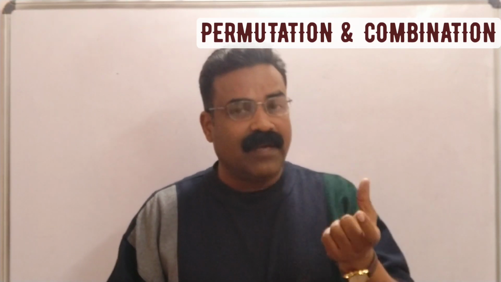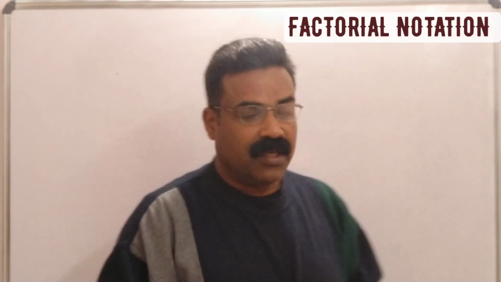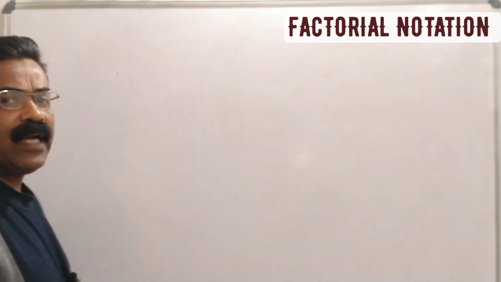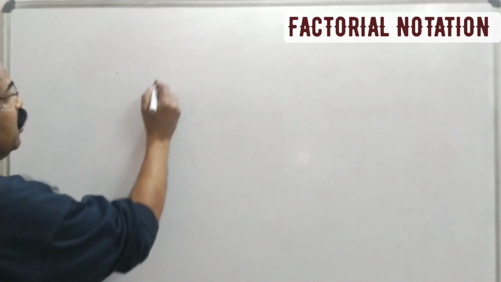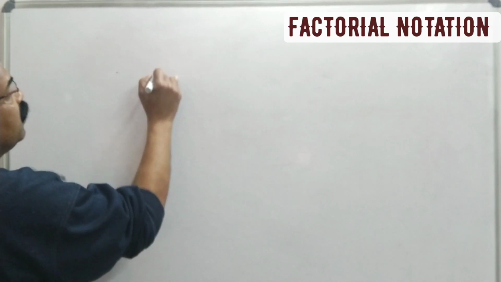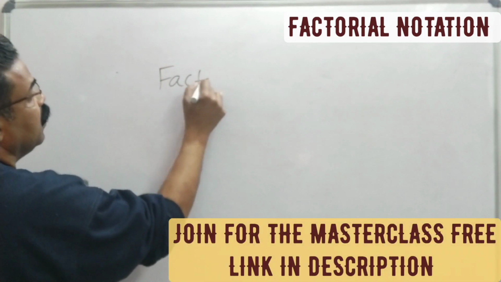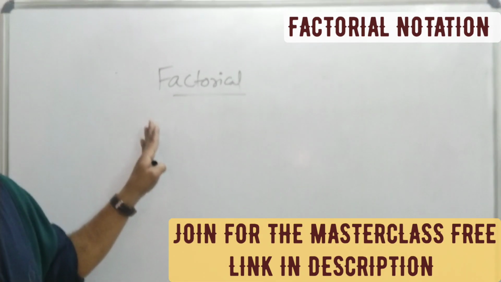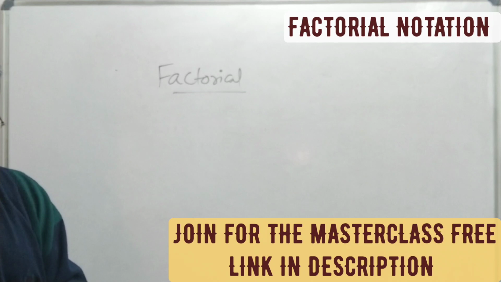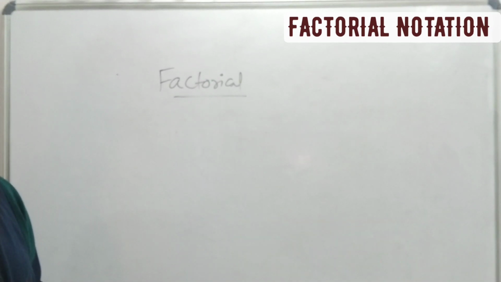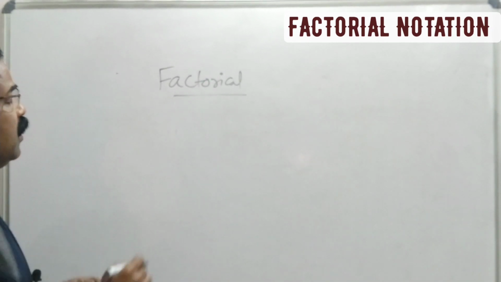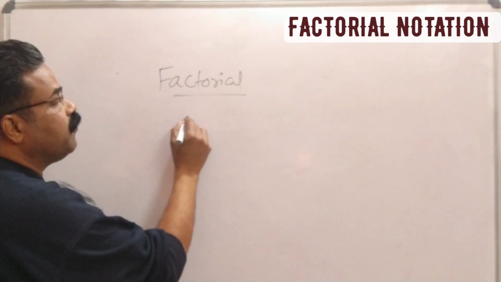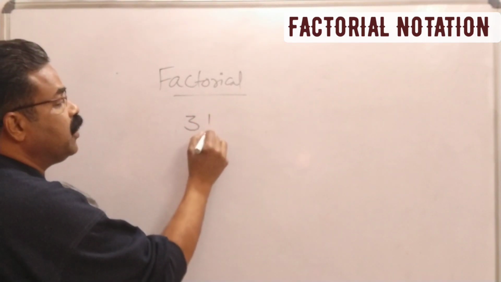So the first fundamental concept of this topic starts with a rule which is called factorial notation. Let us write that and see what actually factorial notation is. Factorial of a number: suppose we have, for example, 3 factorial.